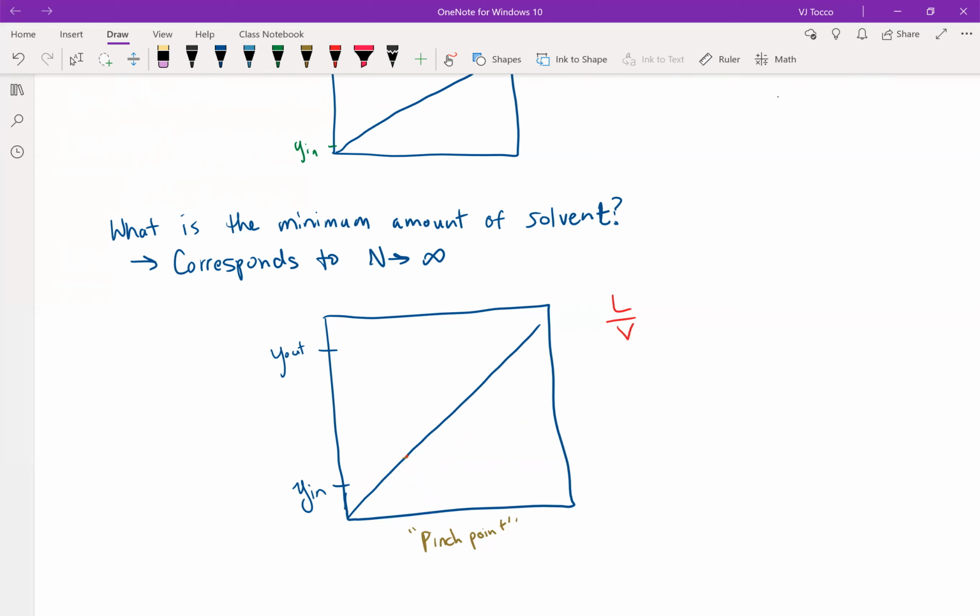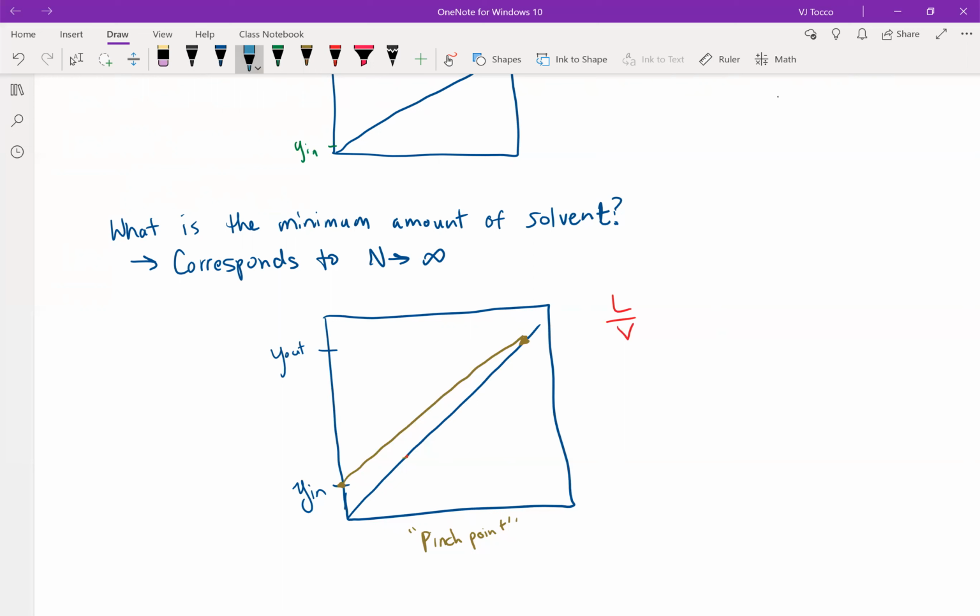Well, if I know that I'm going to have a pinch point somewhere, and I want the minimum amount of solvent that is still going to theoretically reach my limits, let's say that I specify that my pinch point is going to occur there. Well, if I know that my pinch point occurs there, then I know a point that's on the operating line, and I know a point that's on the operating line down there. I can connect those 2 points.